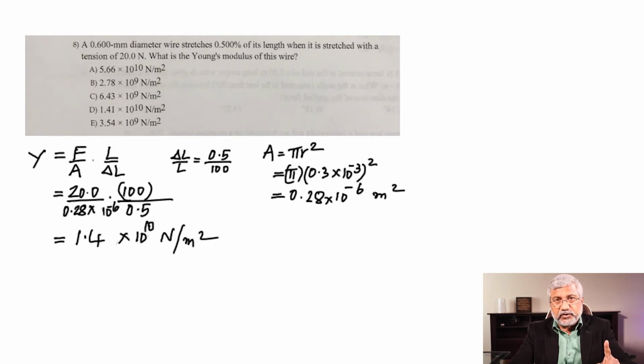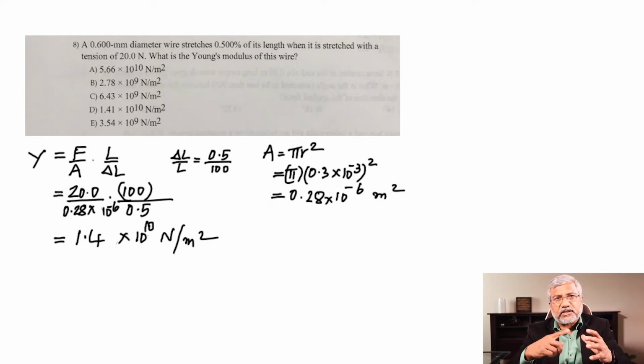But there are some dangers hidden here. Diameter is given. You've got to take half of that to get the radius. And again, it's in millimeters, you got to change it into meters. So you see everything that I've done there. This is how much the ratio is, or the linear strain is.